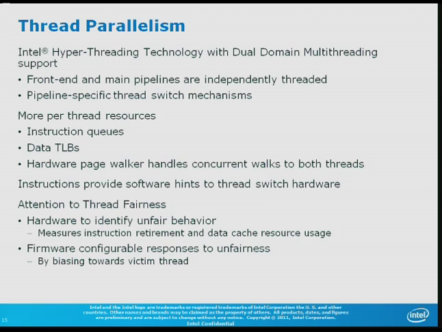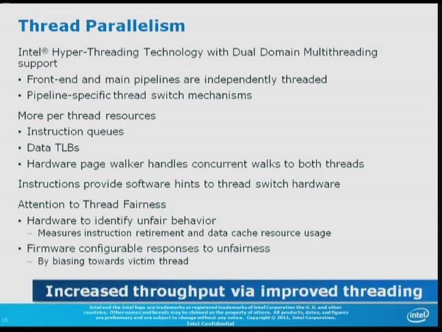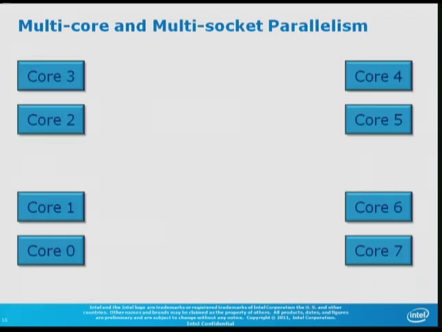We measure instruction retirement rates and data cache resource usages. And then we've modified the hardware to react to the conditions when thread unfairness has been identified by biasing towards the victimized thread. All of this results in better throughput because we can execute each thread more quickly.